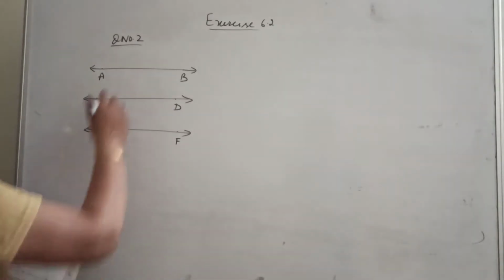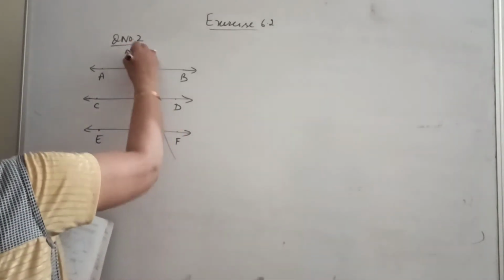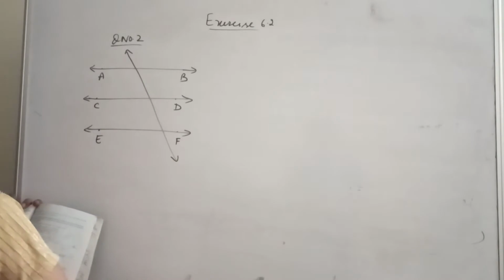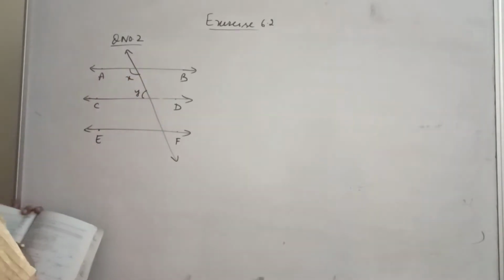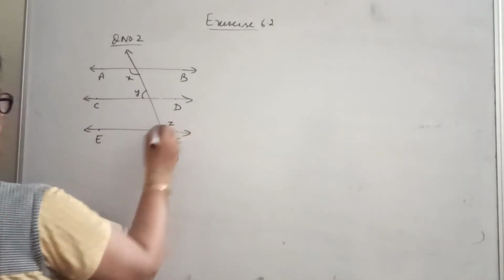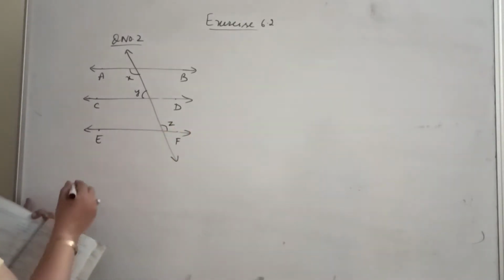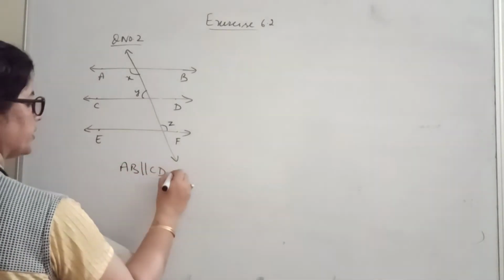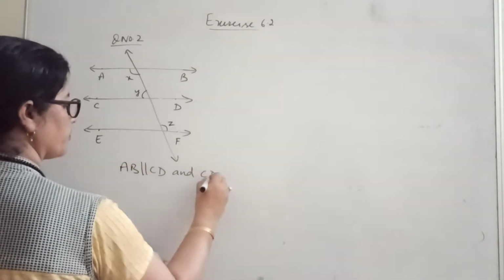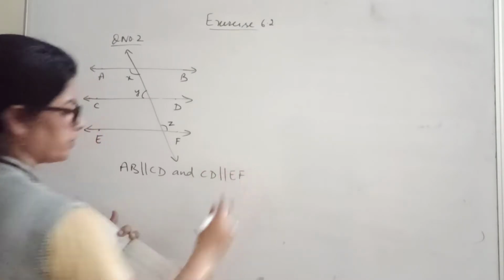And this is the transversal given to us. This is X, this is Y, and this is Z. It is given to us that AB parallel to CD and CD parallel to EF.